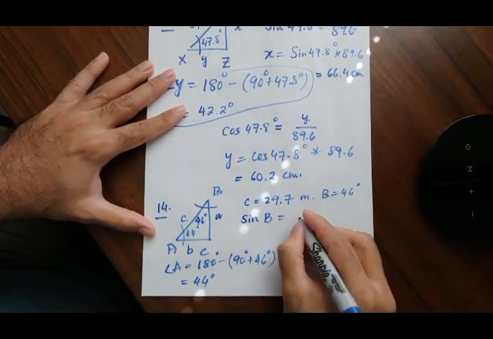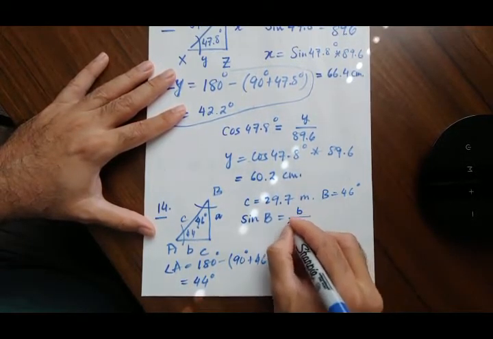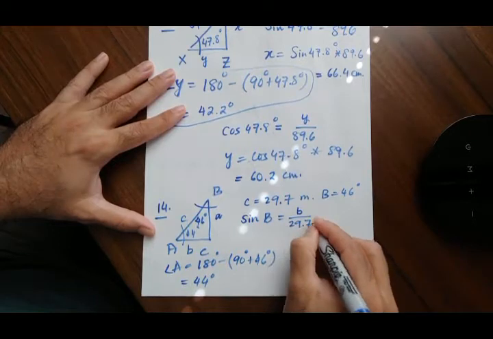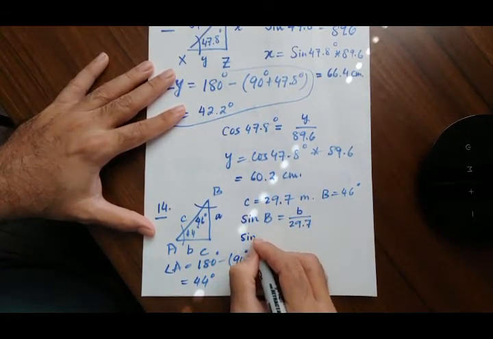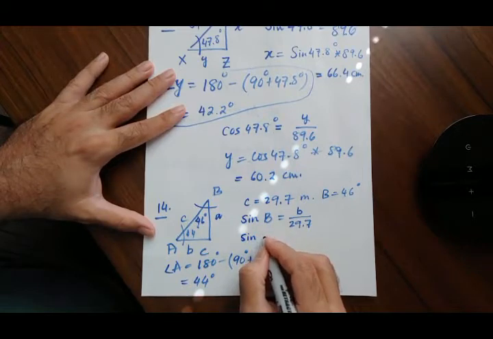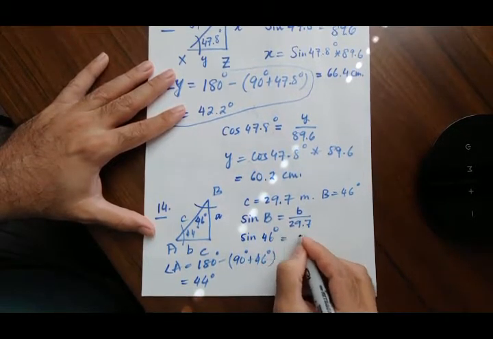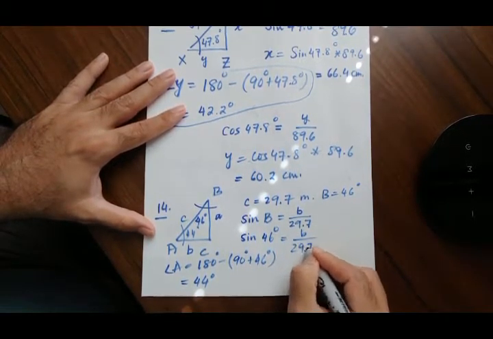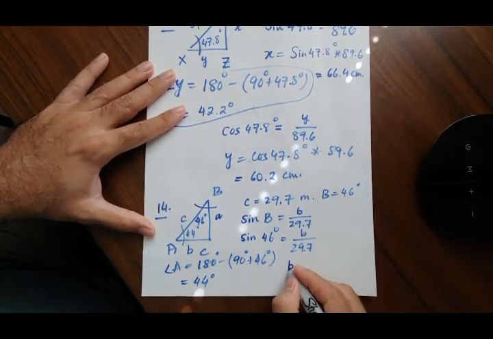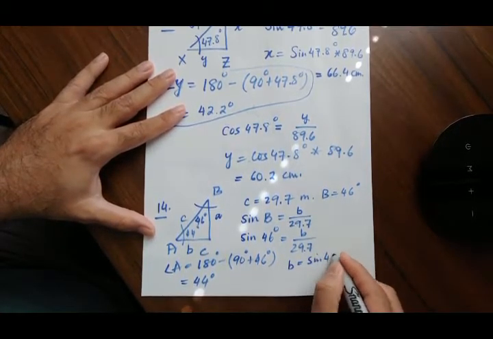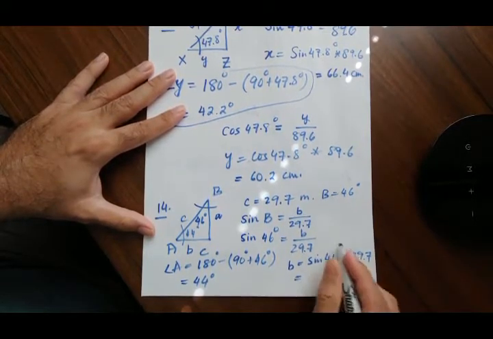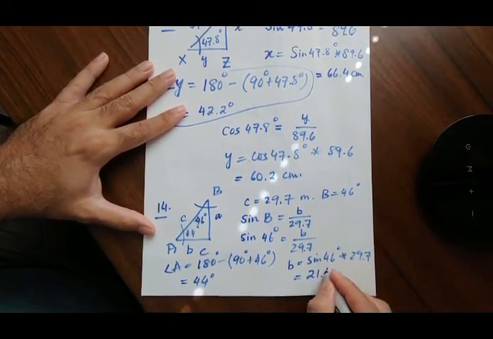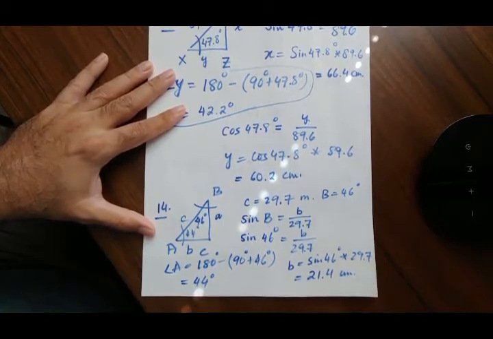So sine of 46 degrees equals b over 29.7. We are solving for b, that is sine 46 degrees times 29.7. If I plug this in the calculator, it will be 21.4 meters.